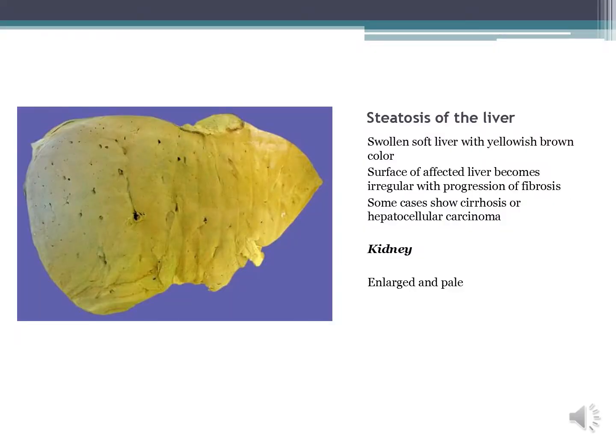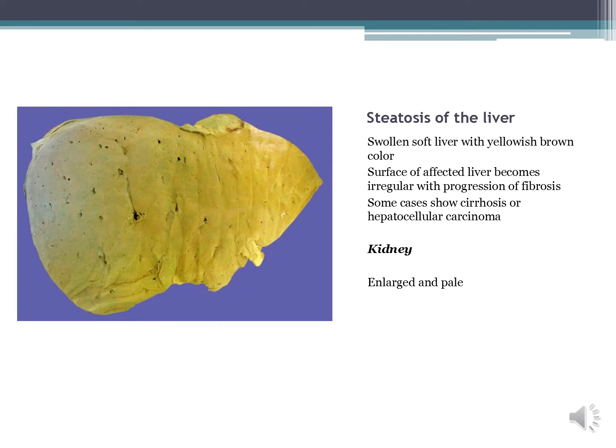Look here, the liver with steatosis. We see the surface of the affected liver which becomes irregular with progression of fibrosis. At the end stage, we may see cirrhosis or even hepatocellular carcinoma with a background of cirrhosis.